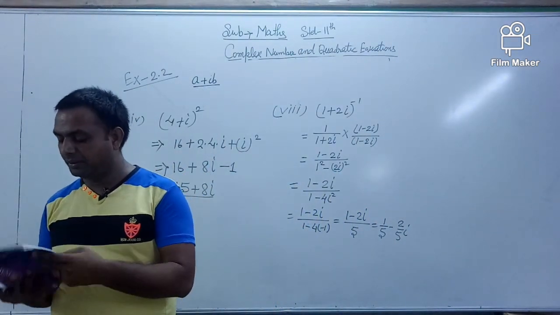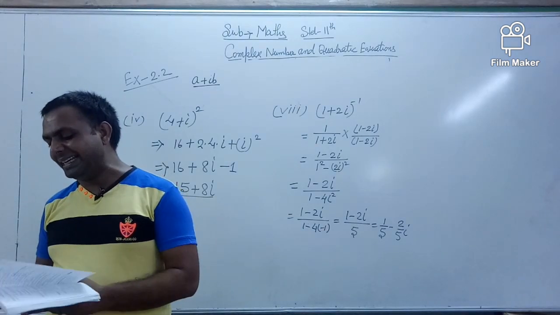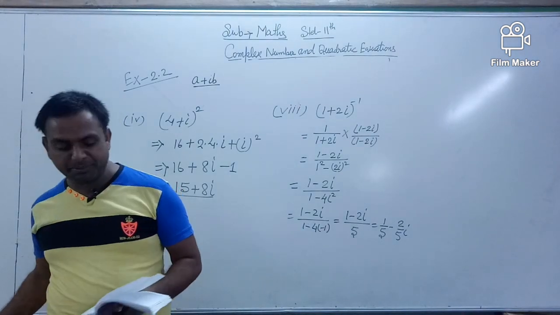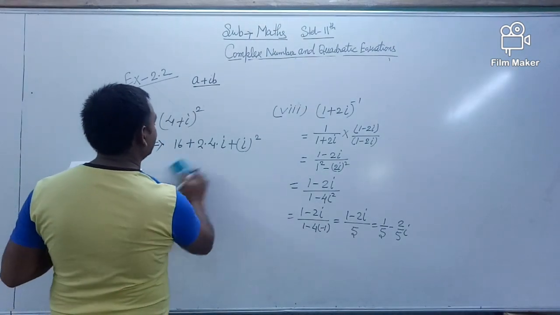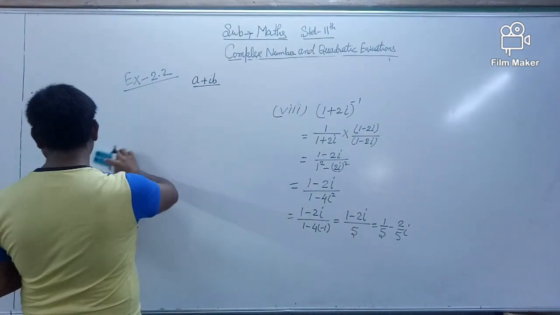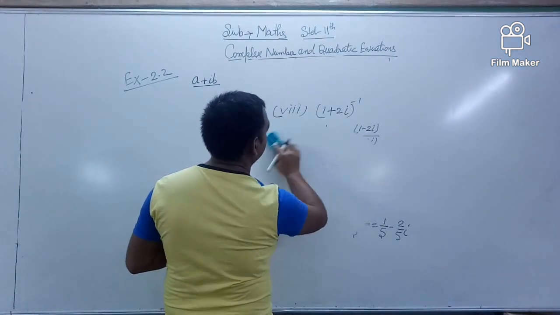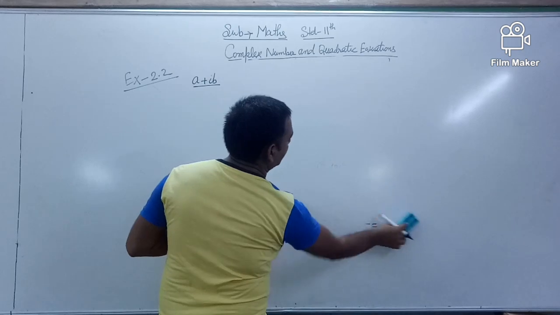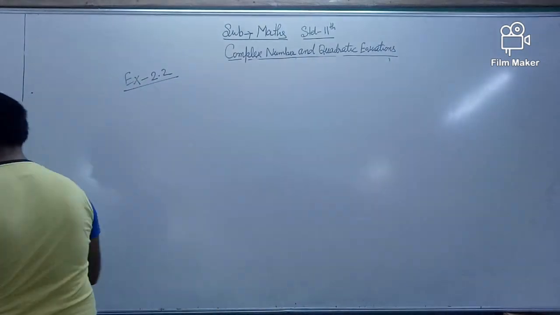Next question number 2. Which of the following is in the form of a + ib? Some complex number is given and you write down that this complex number is in the form of a + ib. Okay. Question number 2.